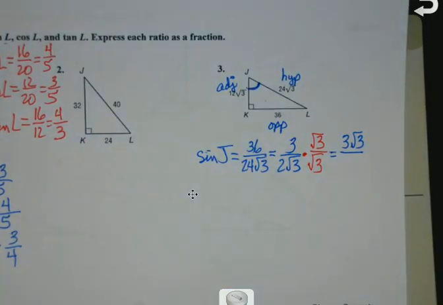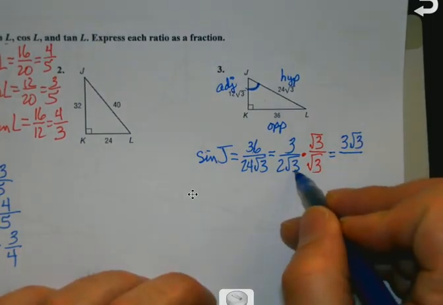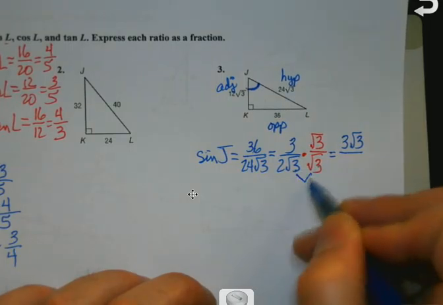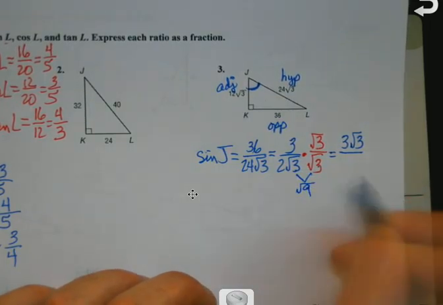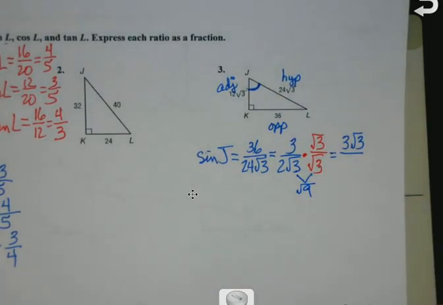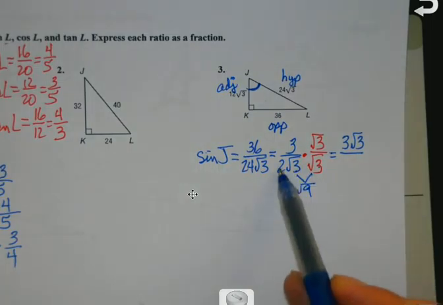Down here, though, let's think about this for a second. Square root of 3 times the square root of 3 would be the square root of 9. 3 times 3 is 9. But what's the square root of 9 equal? 3. So this is really 2 times 3, which is 6.